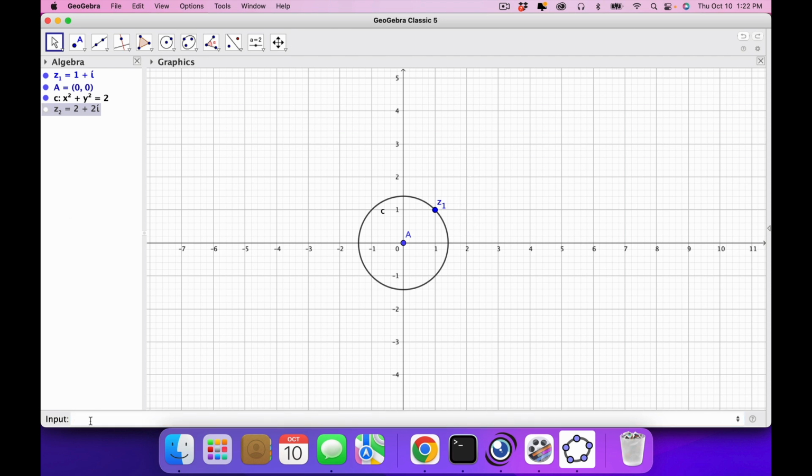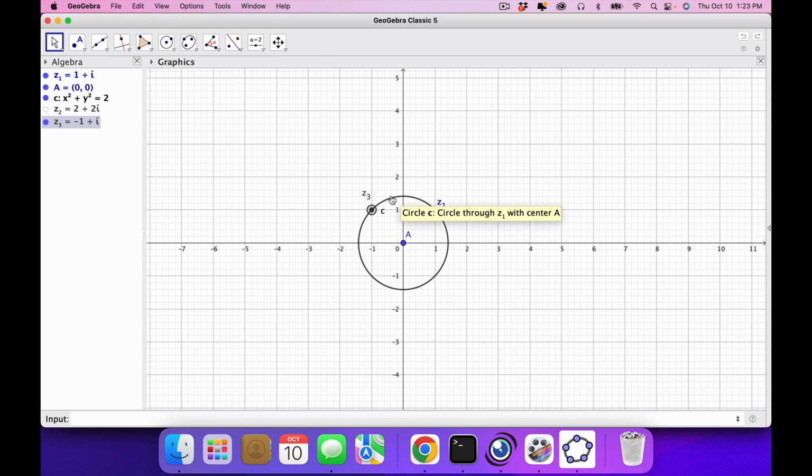Now, if instead I took i and multiplied it by z1, what that did was it took z1 and rotated it 90 degrees. So there's my result. That's now z3. The operation that we did was we took z1 and just multiplied it by i. It didn't change the magnitude.